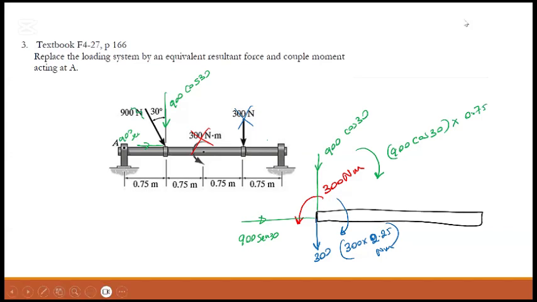Do you get something like this, Phil? Yeah, yeah. Now, if I consider all the forces in the x direction, it is just one force, which is 900 sine theta. All the forces in the y direction will be 30 plus 300.